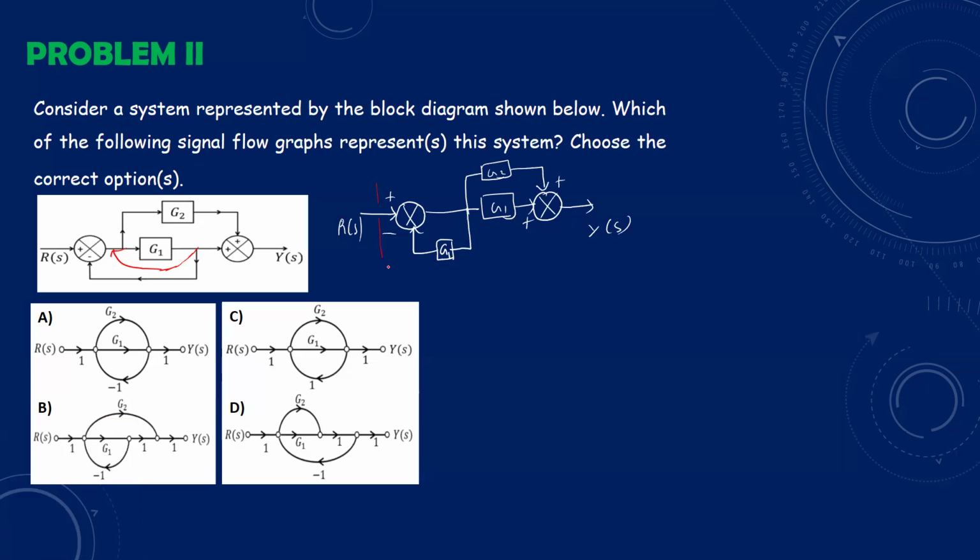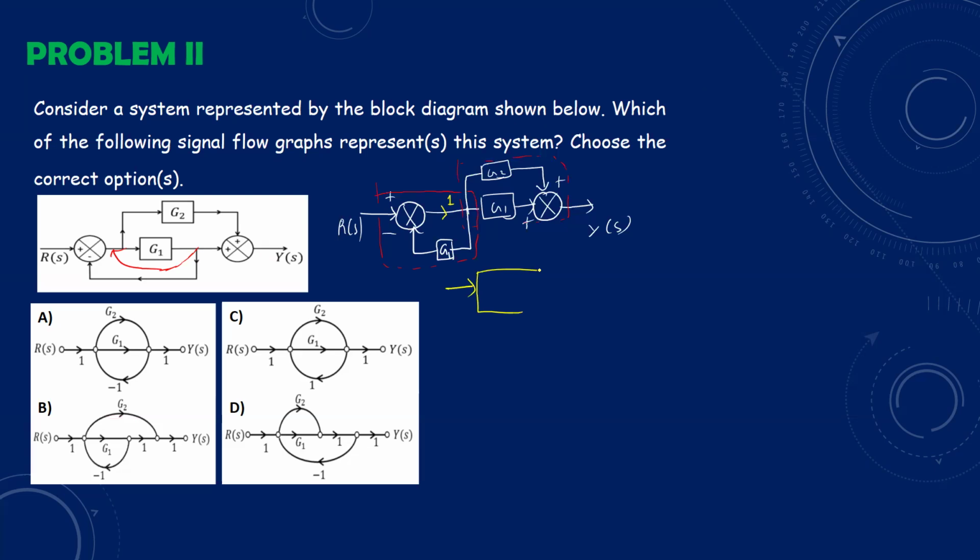Now this is one negative feedback loop, and again this is a parallel block combination. So eliminating this negative feedback and the parallel block combination, the block diagram will be reduced. Here the open loop transfer function is 1, and in the place of the feedback element we have G1.